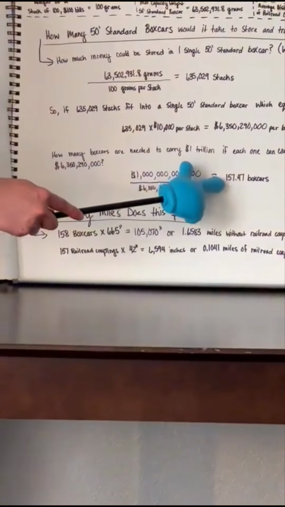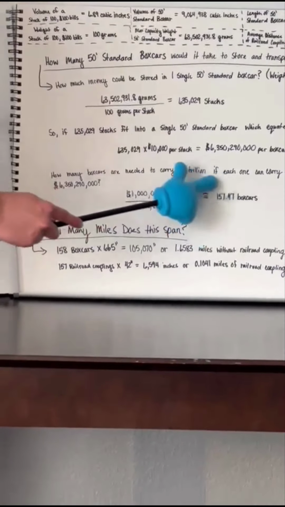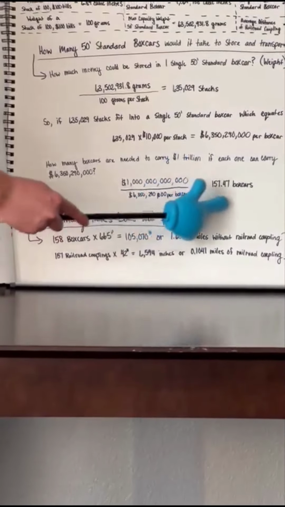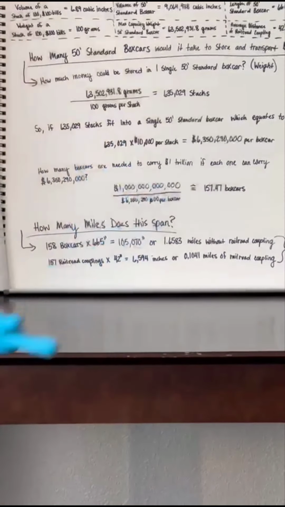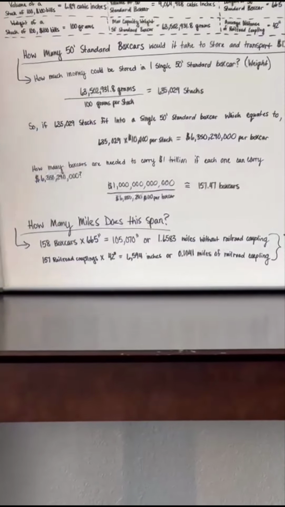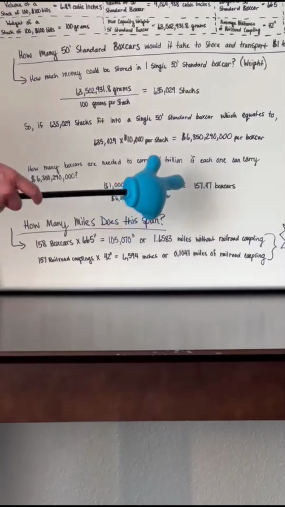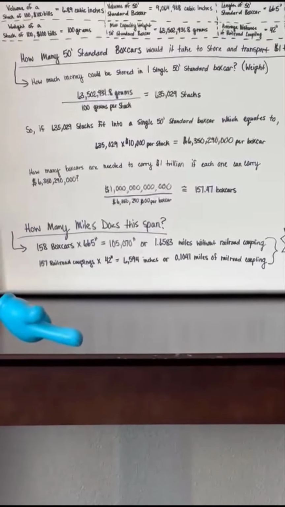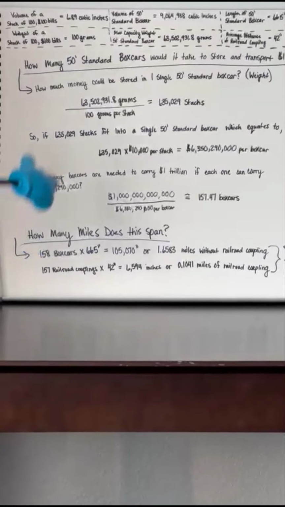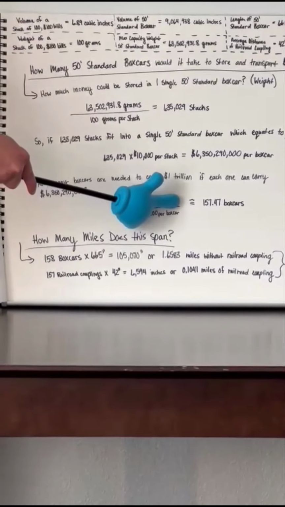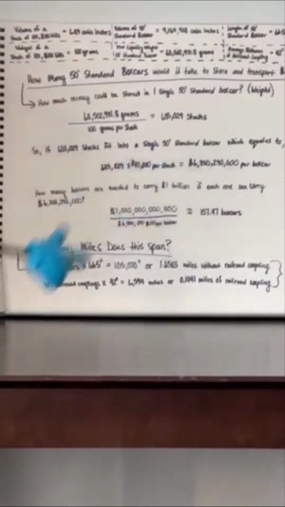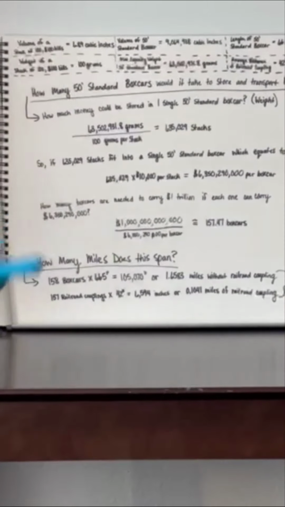Now, this number is going to be much closer in terms of rounding to 158, so this time we won't be as gracious. So we're going to say that in order to transport according to weight $1 trillion, we would need 158 boxcars to do that. Now, how many miles would this span?